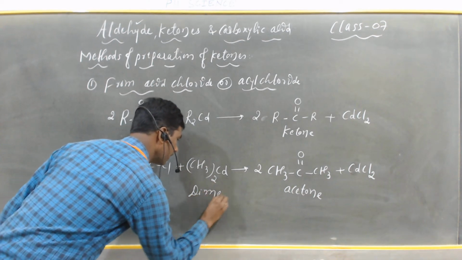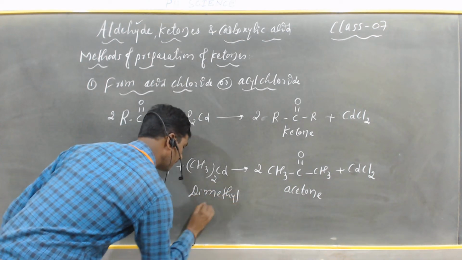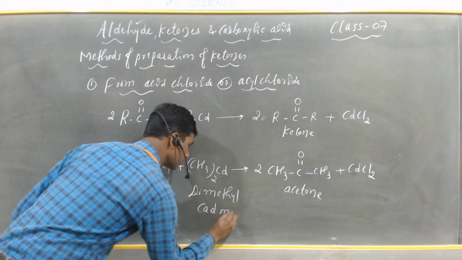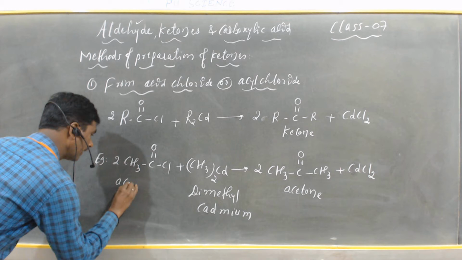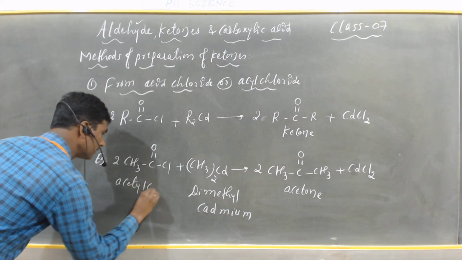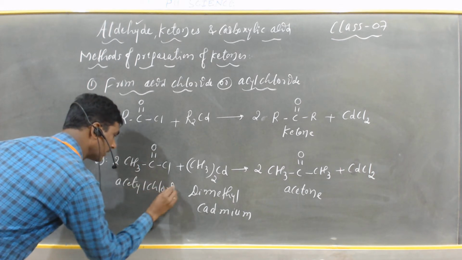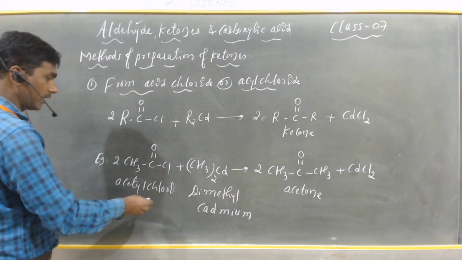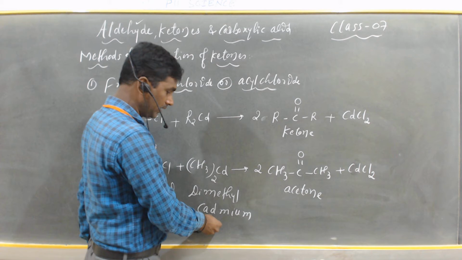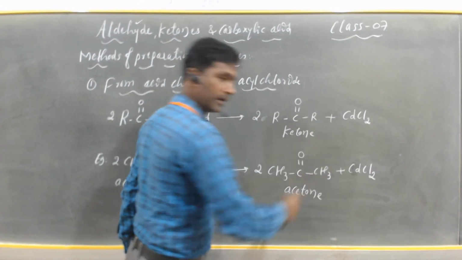This is called dimethyl cadmium, and this is nothing but acetyl chloride. This acetyl chloride reacts with dimethyl cadmium, so it gives acetone.